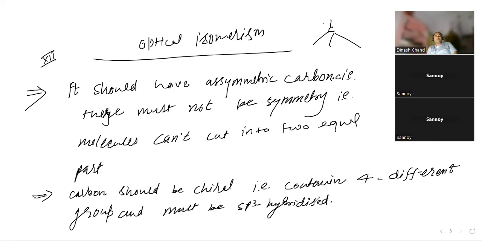Carbon should be chiral, that is contain four different groups and must be sp3 hybridized. This point you need to remember.